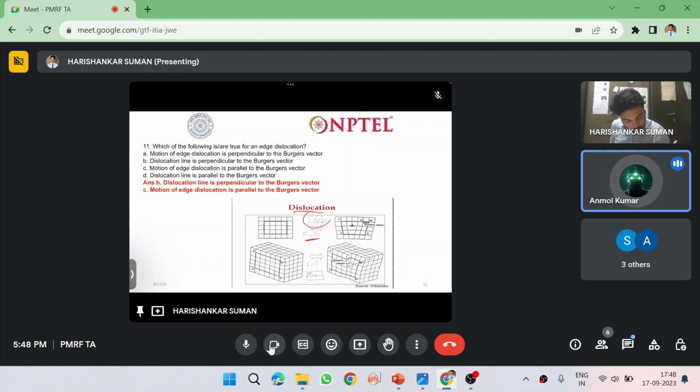If it would have been a screw dislocation, C would be the correct answer, and instead of perpendicular, the dislocation line will be parallel to the Burgers vector. You can see this, parallel to the Burgers vector for screw dislocation.